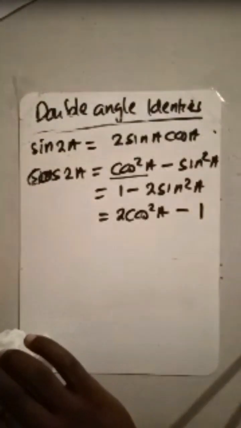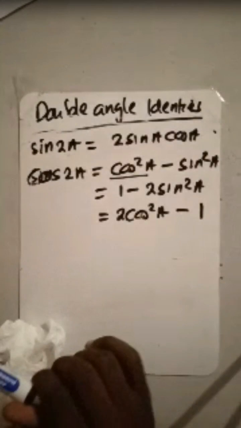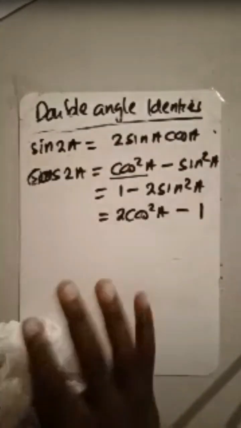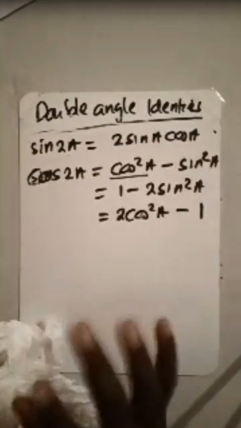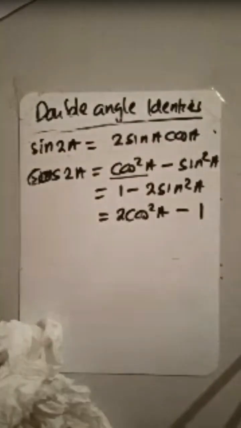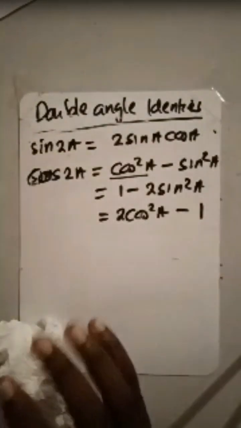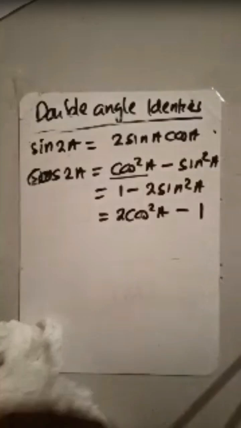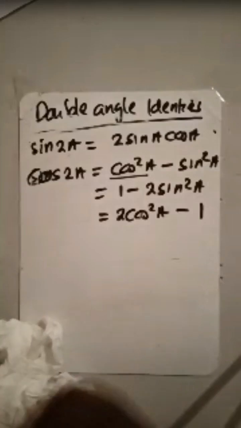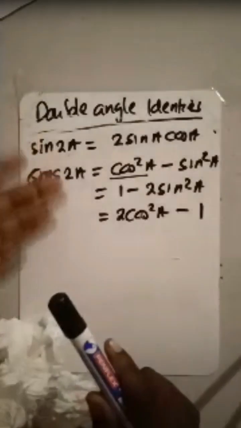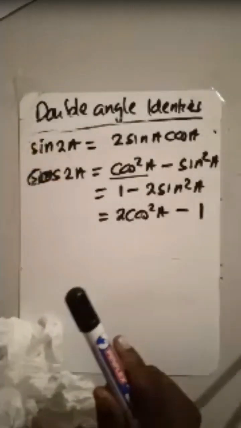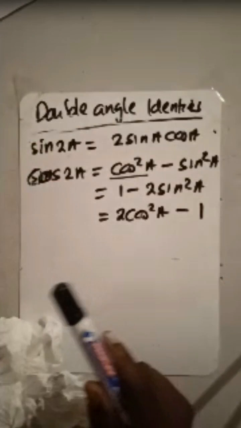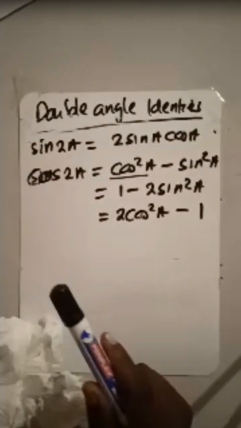Then if we have some time, maybe tomorrow or Sunday, we are going to look at more identities. And I'll tell you the tips that are very important so that you won't lose marks. Some marks are very silly to lose, guys, because these are given on the formula sheet. In the formula sheet, the identities are there. So when you see them, it's for you to apply.